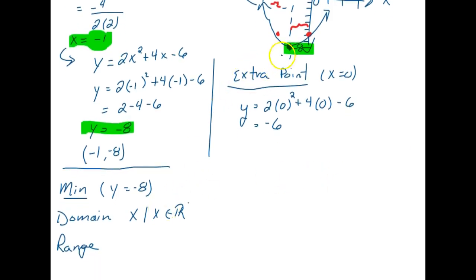For the range, here's the lowest point. The lowest y value is -8. So all other y values have to be bigger than or equal to -8. As the y values get bigger than -8, they could be any number after that, so they belong to the set of real numbers.